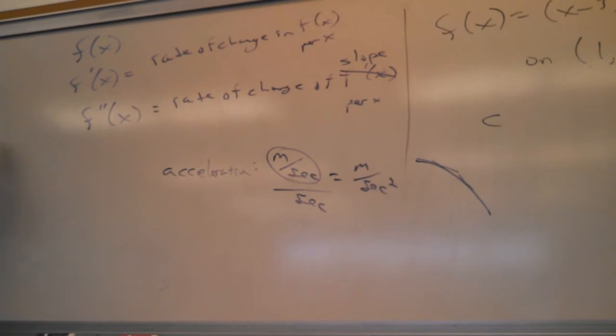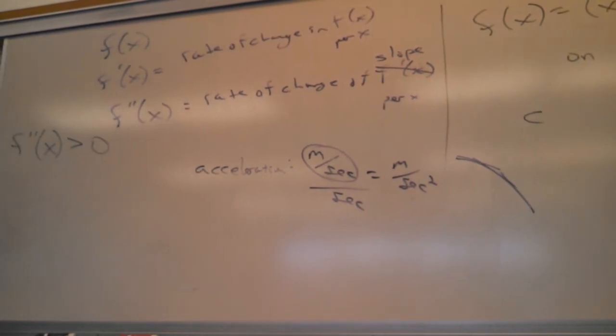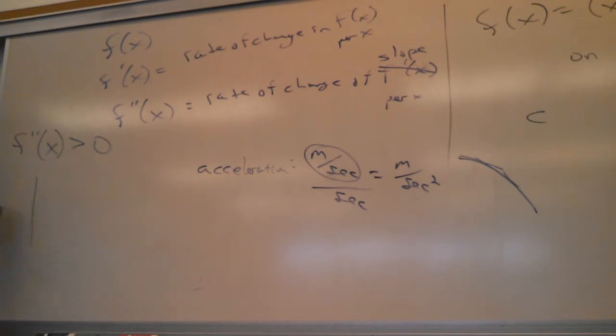So if I said that this was positive, all right, what should be happening? So let me give you a starting point. The acceleration is increasing, which means... how do I want to do this?